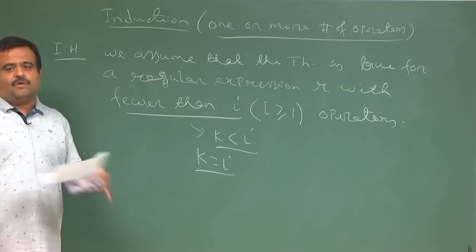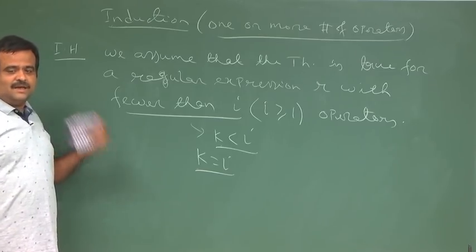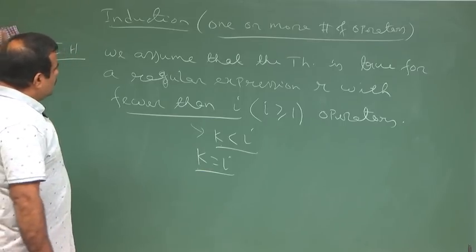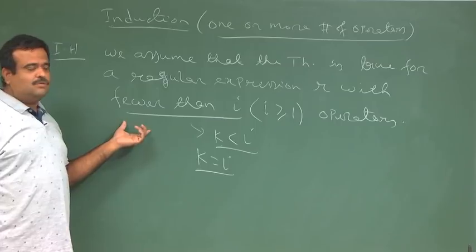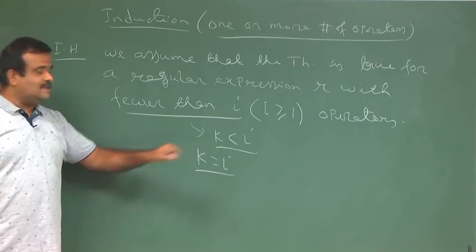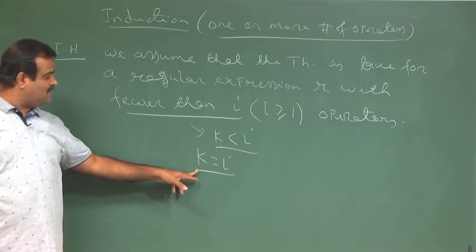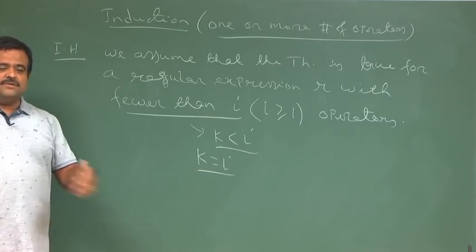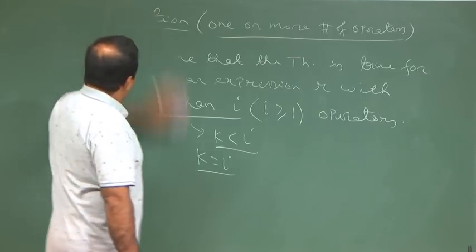So, the result is true for all I. So, this is the induction hypothesis, this is our assumption. Okay. Now, we assume this result is true for all regular expressions whose number of operators is less than I. Now, we take a regular expression with number of operators I, and then we will see whether we can construct an ε-NFA for that or not. So, let us try that.